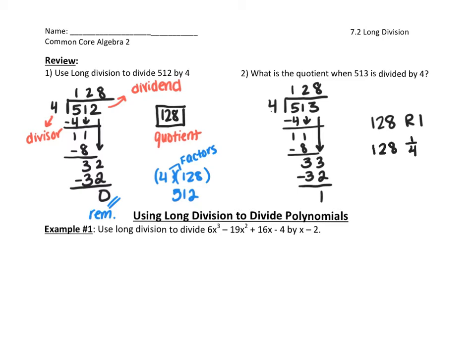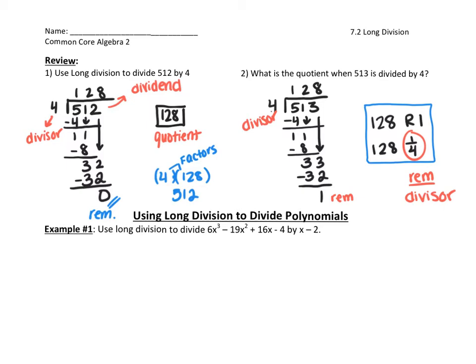So the way that we do that is this 1 is my remainder and the 4 is my divisor. So what you'll do to get this 1/4 is you put the remainder over the divisor. And 128 and 1/4 is the same thing as saying 128 remainder 1. And this is what we're going to use for our polynomial long division.